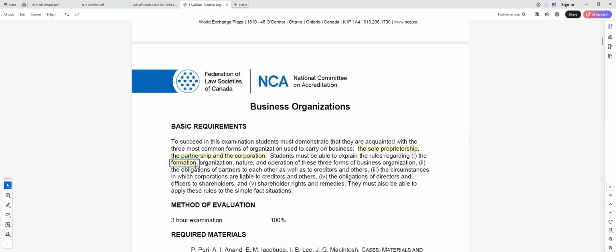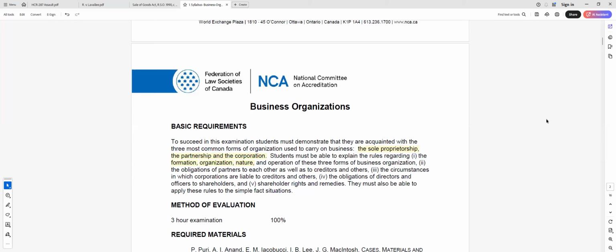We'll see all three types of formation, and how the organization is run. What will the organization be like, how many people, what will their roles and responsibilities be, what is the nature? Different types have different natures, so we should know the differences too.